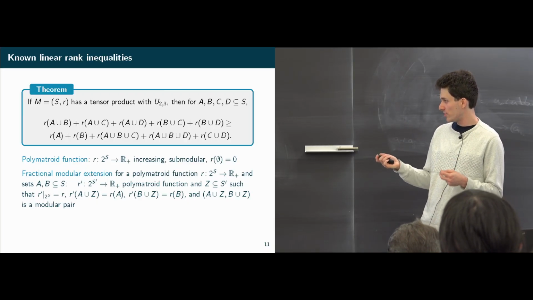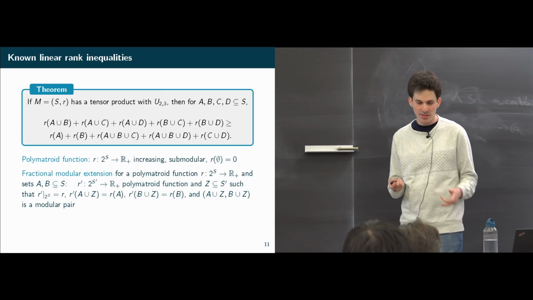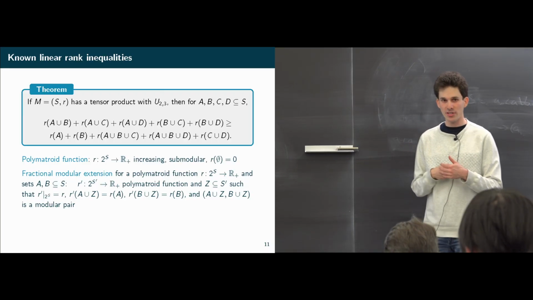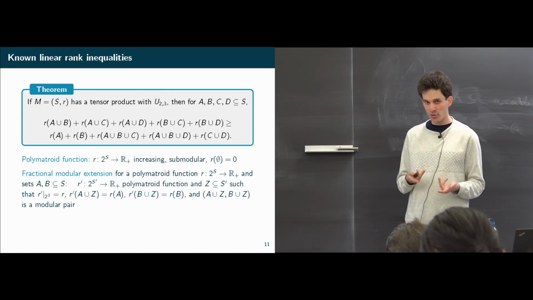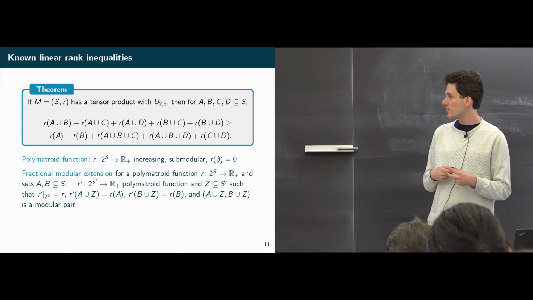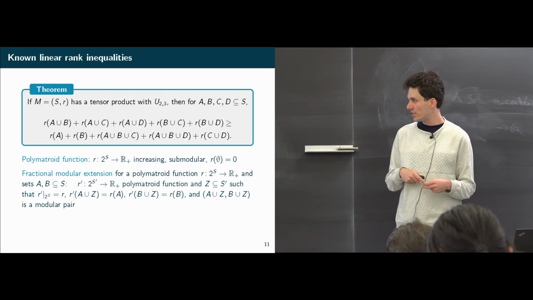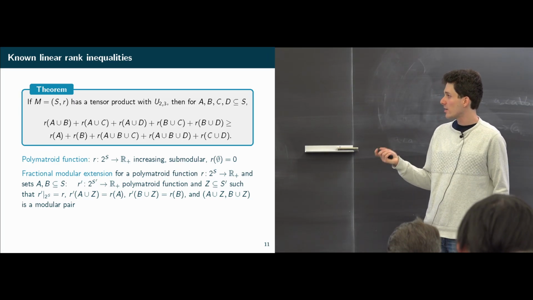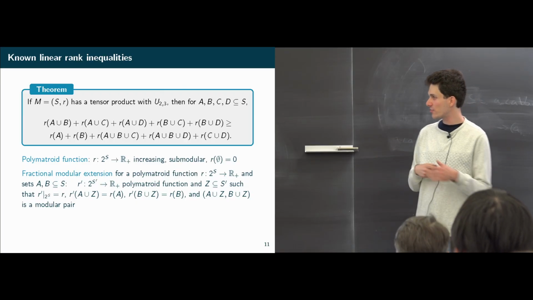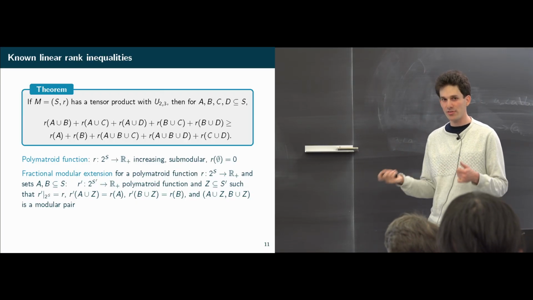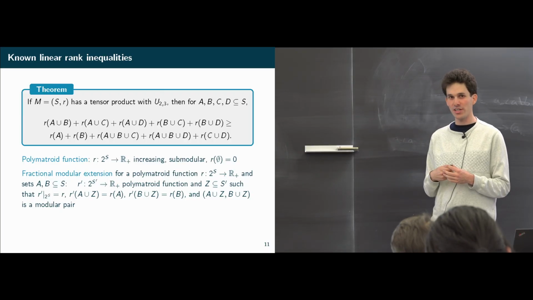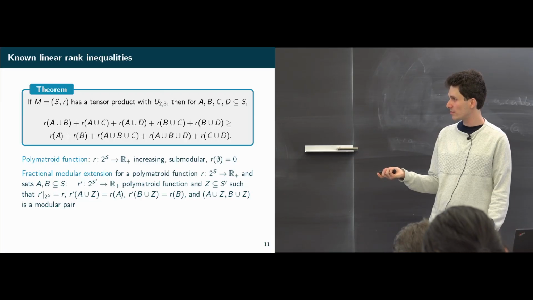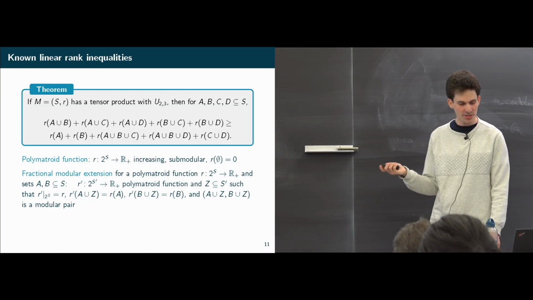But we can also consider this for a matroid rank function, and then we get weaker notions for this extension property and also for a tensor product that require the existence of some object just fractionally. So not necessarily a matroid, but just some not necessarily integer-valued increasing submodular function. For matroids, this fractional modular extendability is a weaker property. It requires the existence of just some not necessarily integral solution. But the non-linear rank inequalities just used this property.